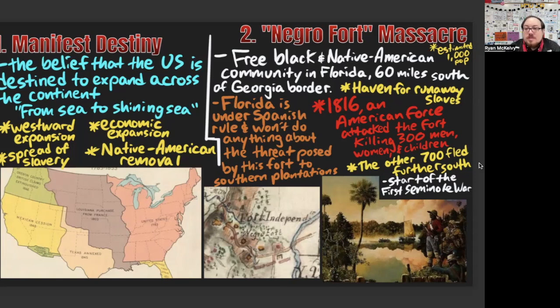The most important thing to remember with Manifest Destiny is this idea of our country expanding from sea to shining sea.